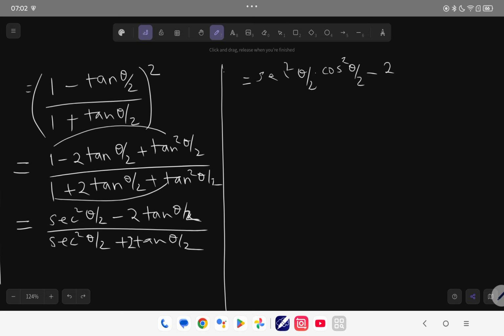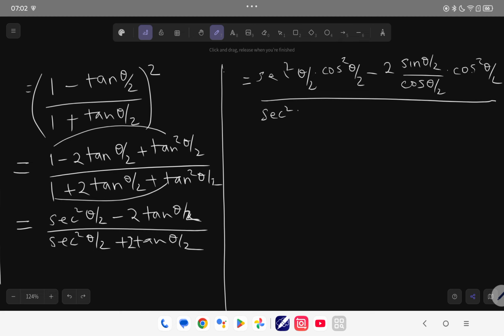I'm going to turn this term into sine over cos. Now times cos squared theta over 2 out of sec squared theta over 2 times cos squared theta over 2 plus 2 sine theta over 2 out of cos theta over 2 times cos squared theta over 2.